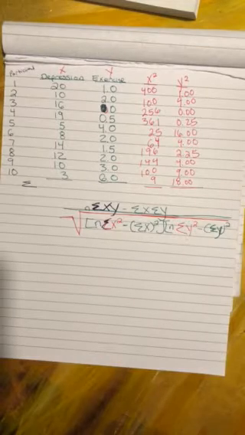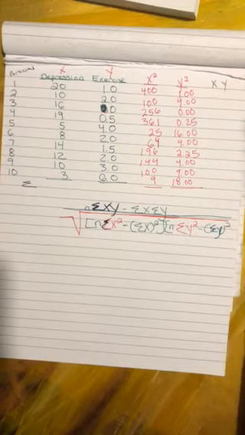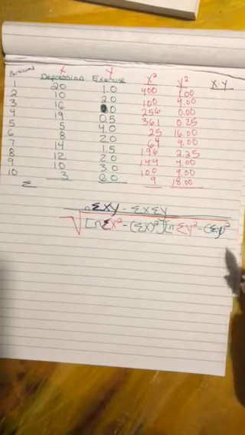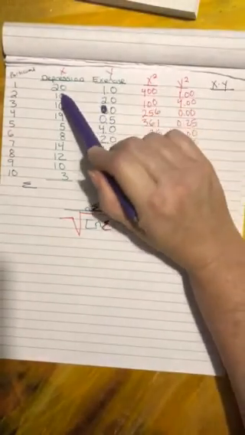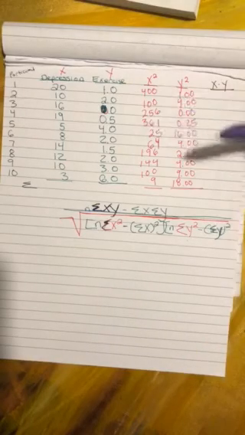Done with that. So one last column, I'm going to change colors here, is our x times y column. Just like it sounds, we're going to multiply each value in our x column by each value in our y column.